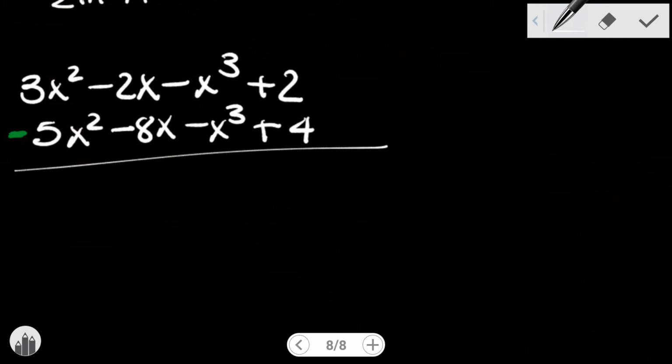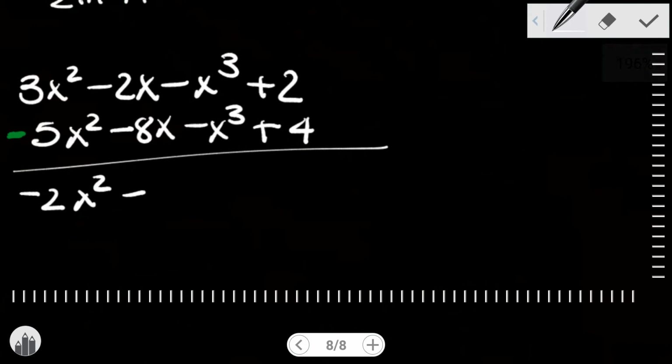So make sure you line up your like terms, make sure your terms are in the right slot, make sure you're not doing any illegal kind of moves. So a 3 minus a 5 is negative 2, so negative 2x squared. Moving on to the next term, you have a negative 2x minus an 8x. So whenever you have two negatives, you end up with a positive. So this will be 6x.